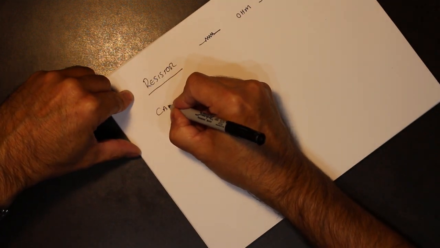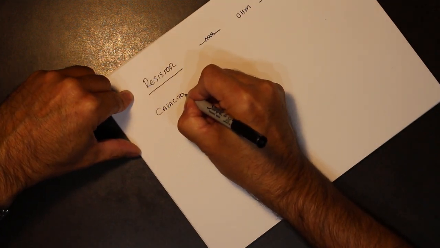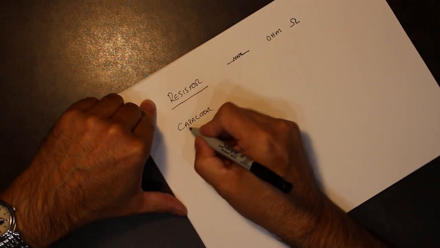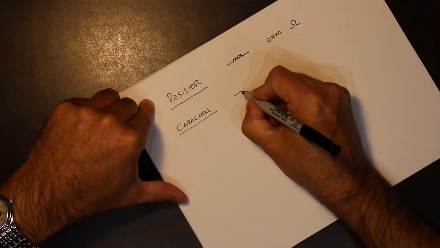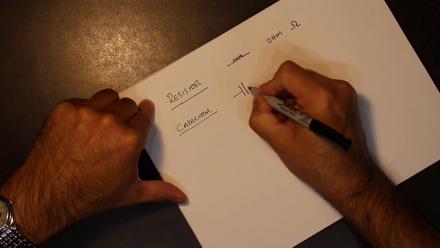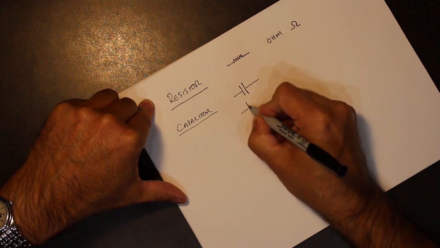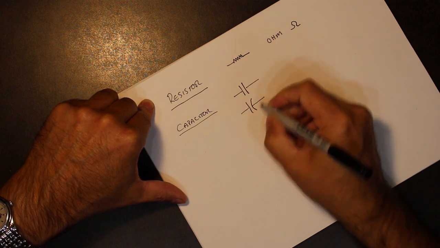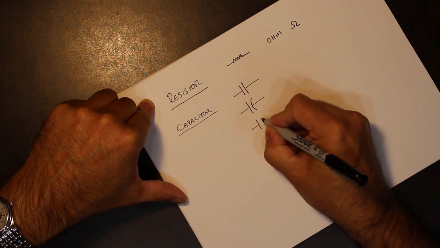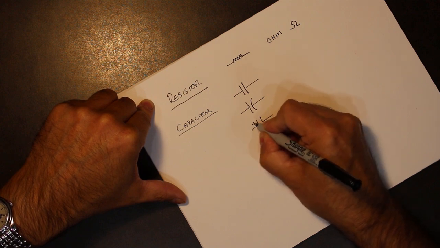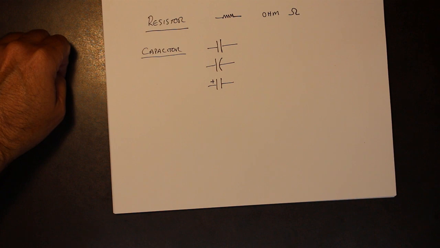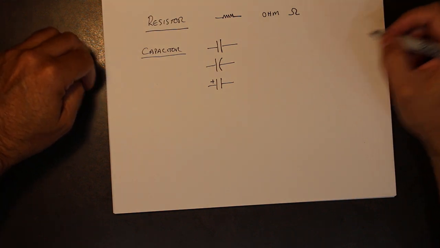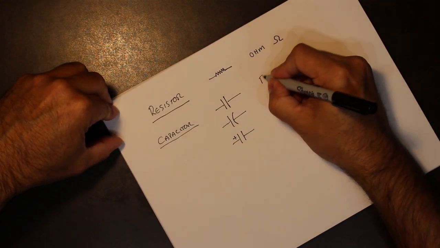Next is a capacitor. A capacitor, its electronic symbol, it has a few of them. The unit of measurement is the farad.